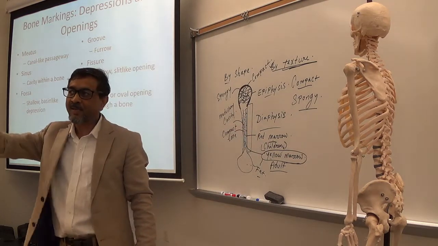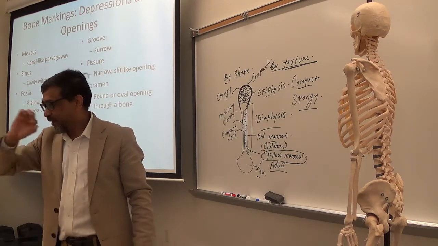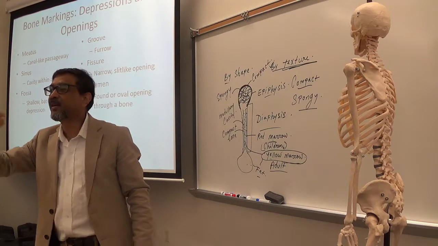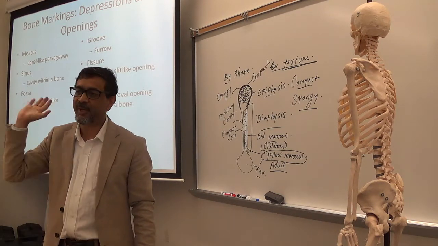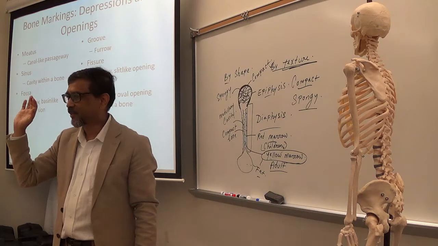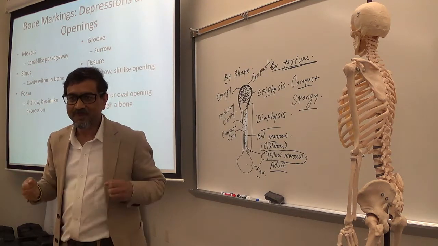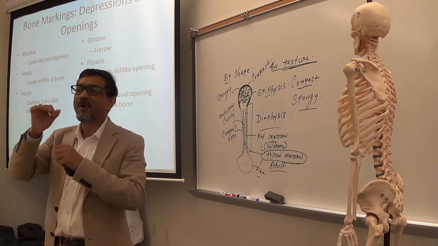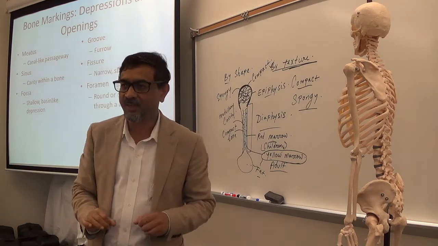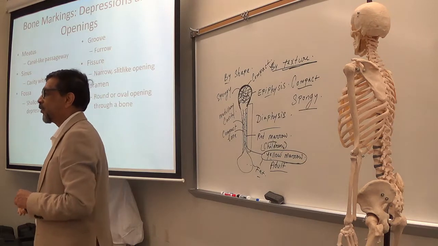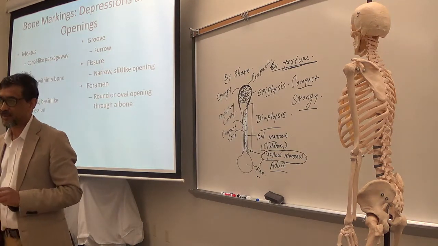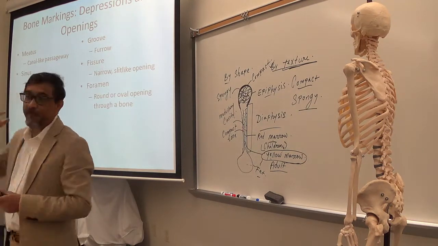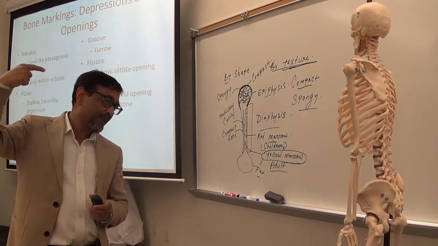So a canal-like, tube-like, or tunnel-like structure is called a meatus. Is it clear? Have you seen a tunnel? Sometimes you drive through a tunnel, right? Or a tube or canal-like structure in the bone is called what? Meatus. Is it clear? A good example is the external acoustic meatus.